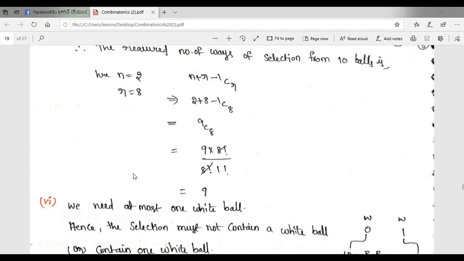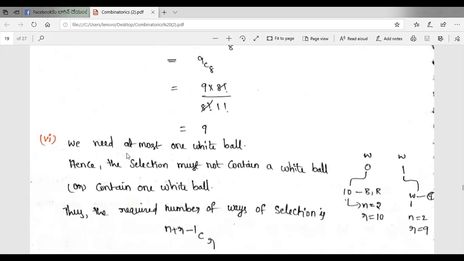Sixth question: at most one white ball is selected. At most one white ball means the selection may or may not contain a white ball. So we need at most one white ball, hence the selection must not contain a white ball or contain one white ball.